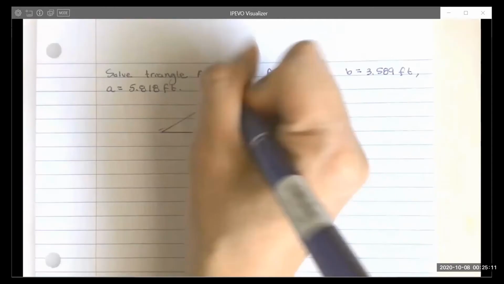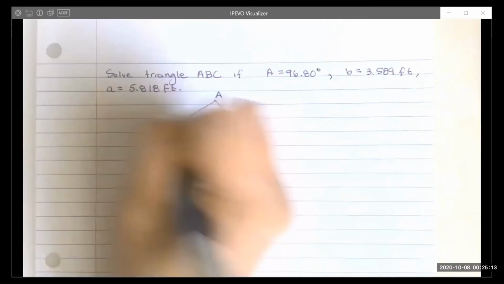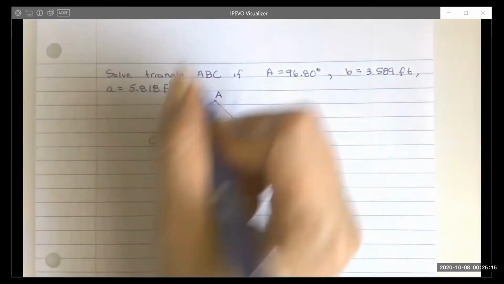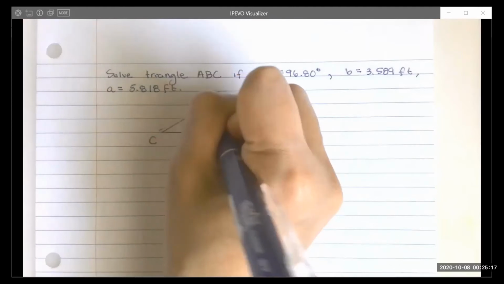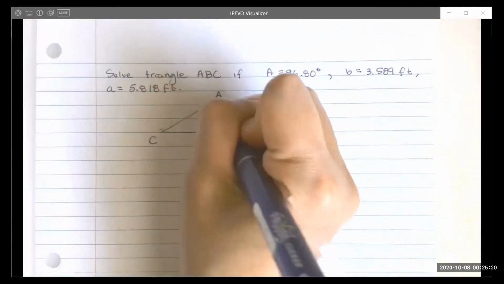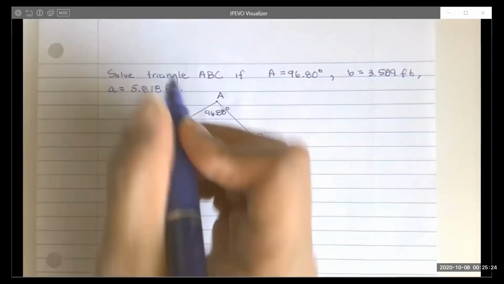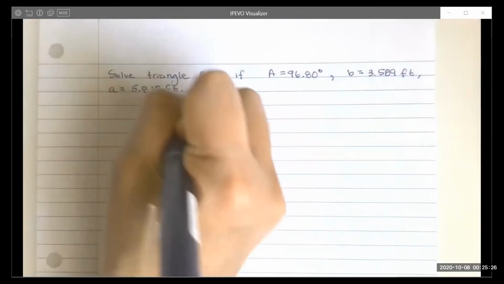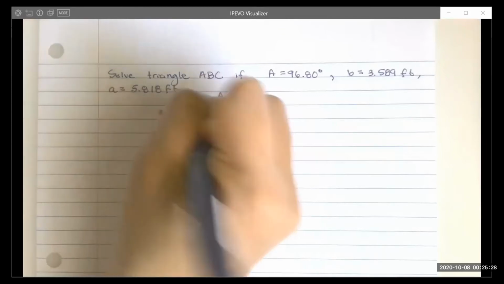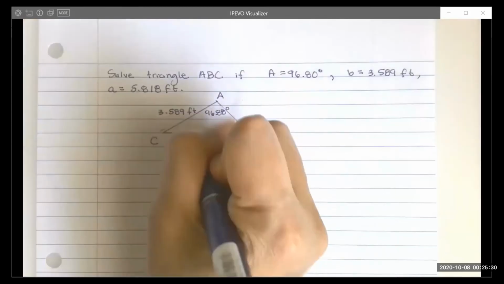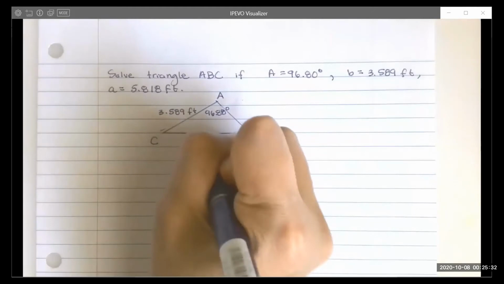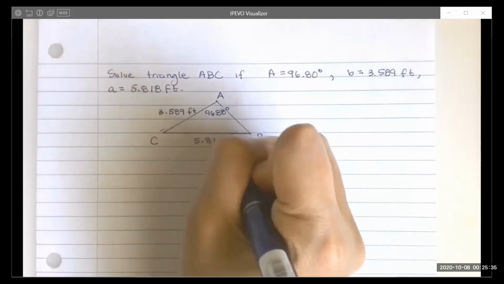Okay, so I'm going to call this A, B, and C. And angle A is given to us as 96.80 degrees. Side B, which is opposite to angle B, is going to be 3.589 feet, and side A is going to be 5.818 feet.